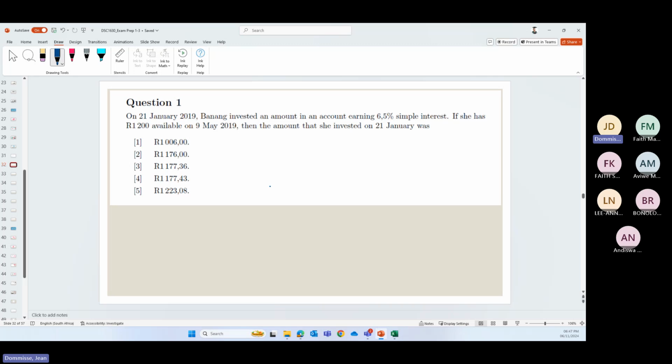And then from there, we will need to work out the rest. So first, we will use that table at the back to say what is 9 May, what is 21 Jan.